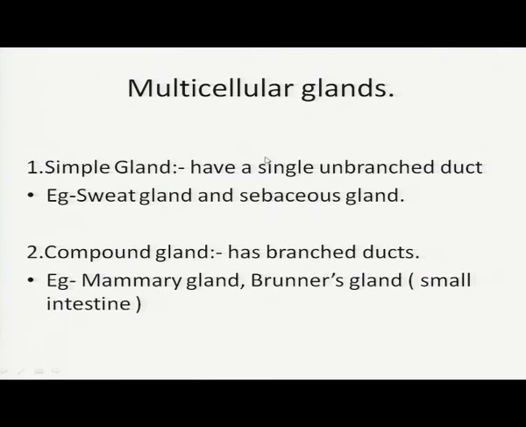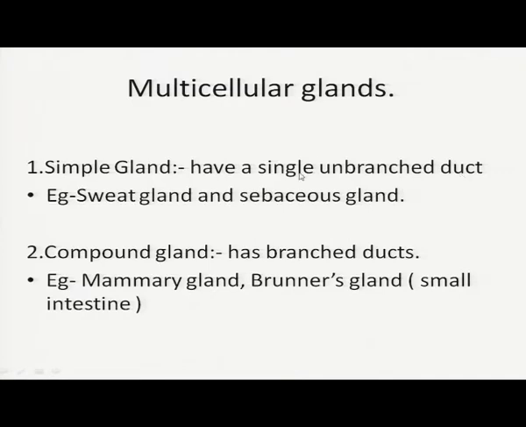Now, coming to the second category of glands, the multicellular glands. And these multicellular glands are again of different types. First one, simple gland, has a single and unbranched duct to carry its secretion.